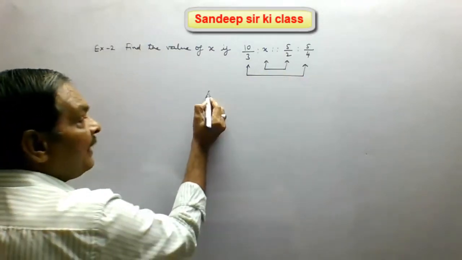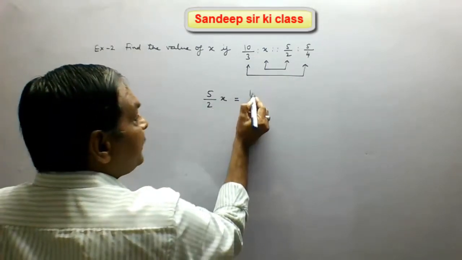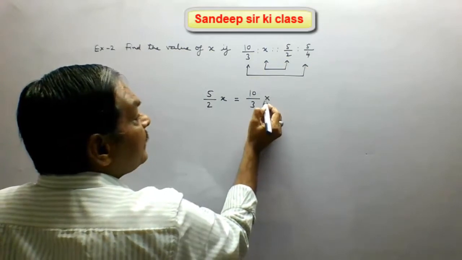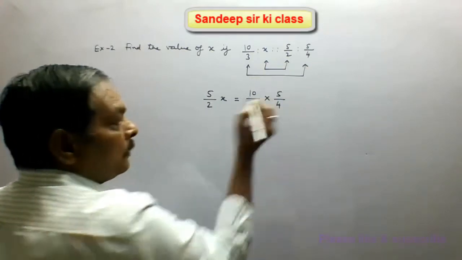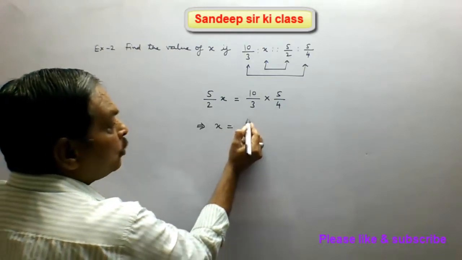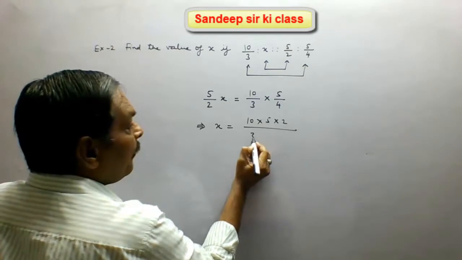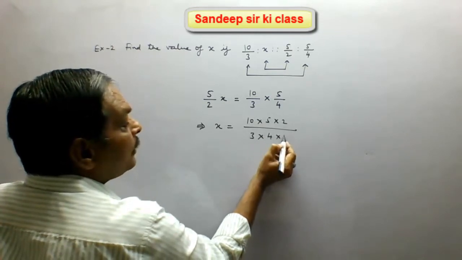Means 5 upon 2x will be equal to 10 upon 3 into 5 upon 4. Means x will be equal to 10 into 5 into 2 upon 3 into 4 into 5.